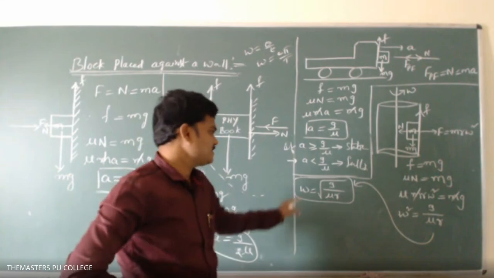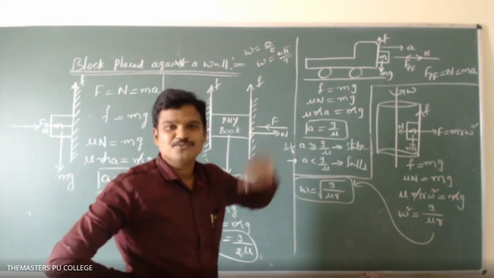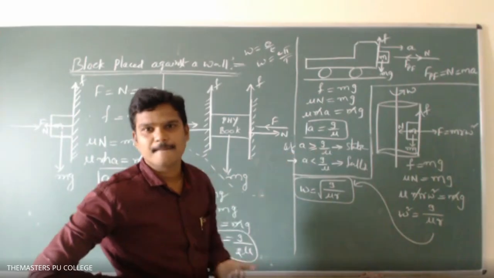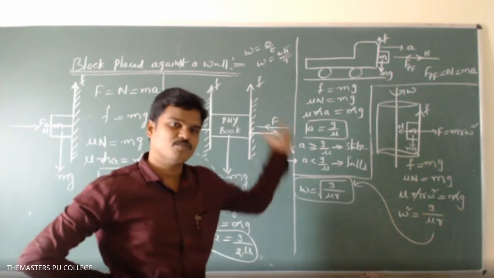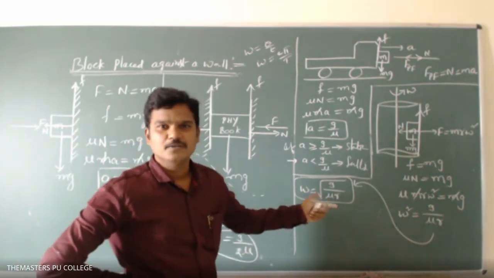If I replace omega with 2 pi by T, then I will get the time period of the cylinder also. See, this is the extension. Is it okay? If you write omega as 2 pi by T, you will get one more formula.